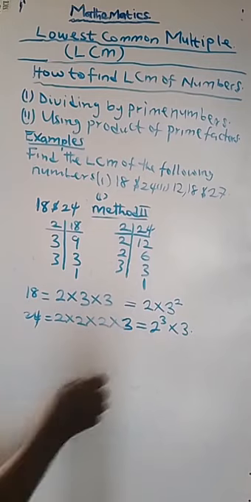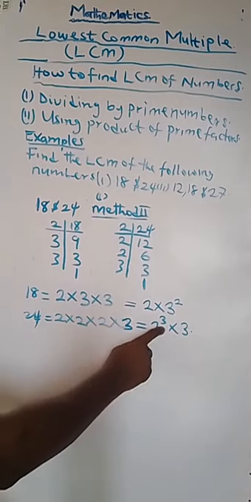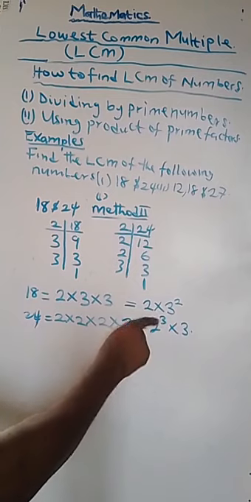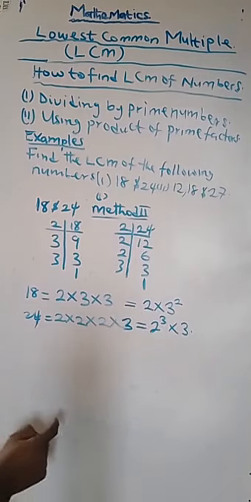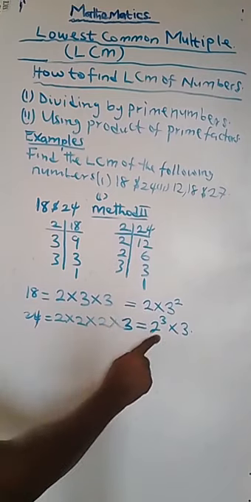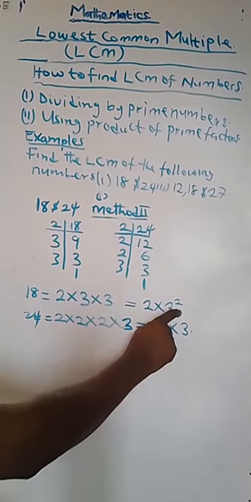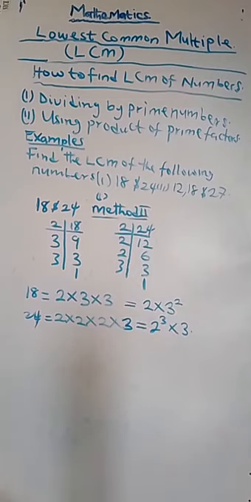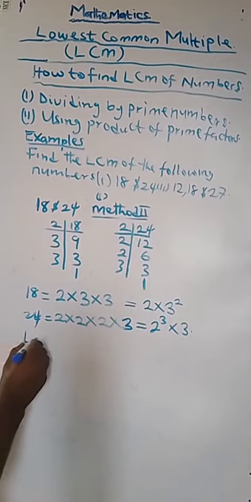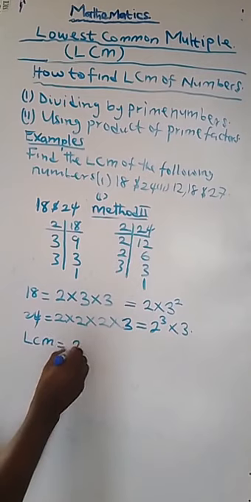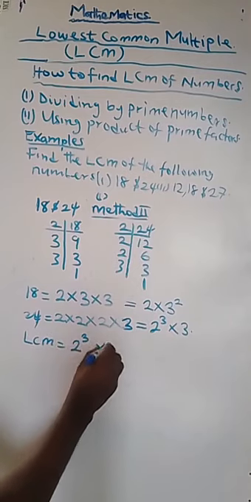You must pick all the numbers represented in the prime factors. If I want to pick 2, I'll pick 2 with the highest power. If I want to pick 3, I'll pick 3 with the highest power. So, the LCM will be 2 raised to power 3 times 3 raised to power 2.